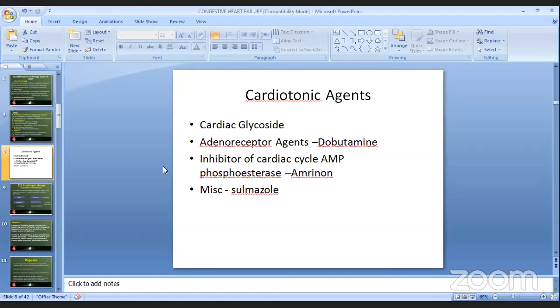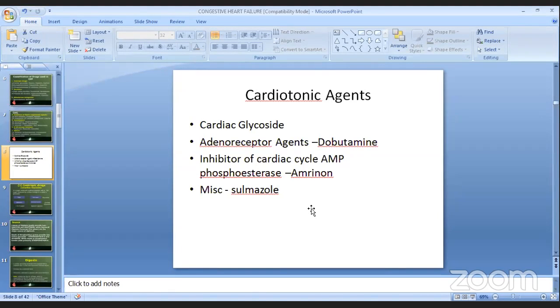Next, another powerful drug is also used. It is squill, that is scillaren, which is also a herbal source. Next category is adrenoceptor agents, which is dobutamine.